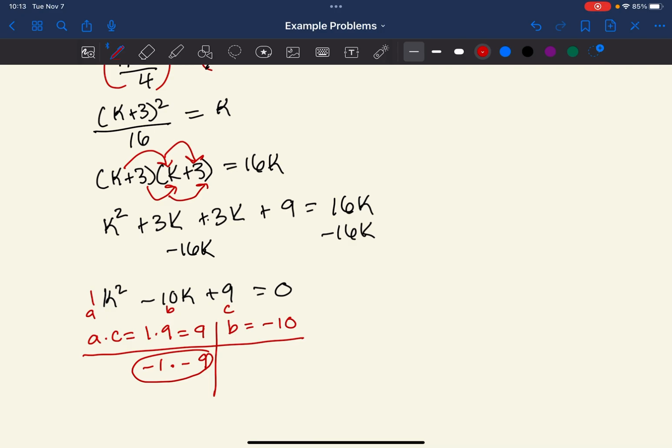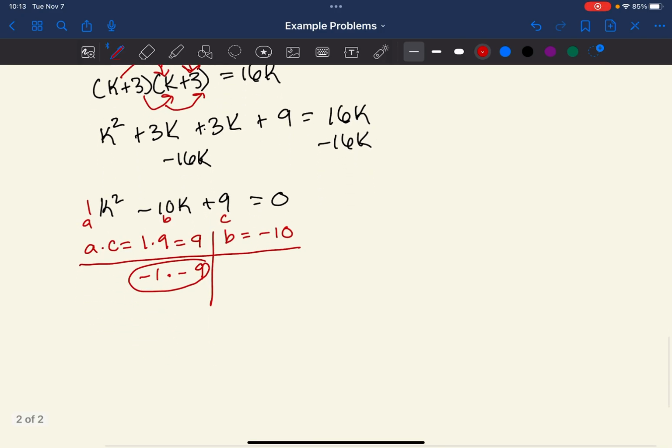Remember, once we have those numbers, we are going to expand our B value so we can do factor by grouping. So I have k squared minus k minus 9k plus 9 equals 0.